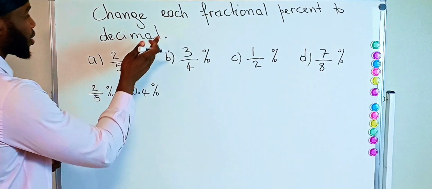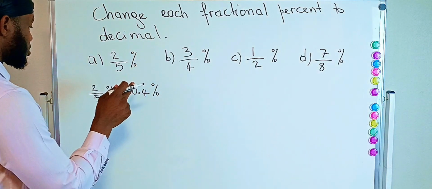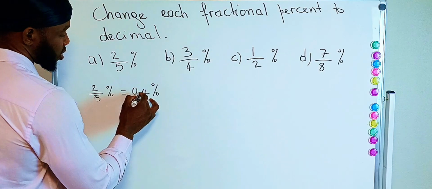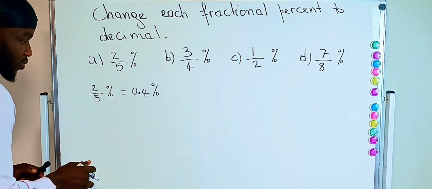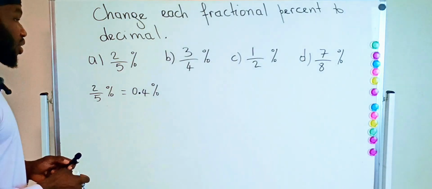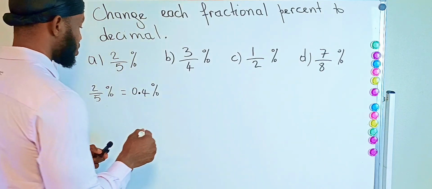Right now, we're not done yet, since they ask us to convert to decimal, not decimal percent. So what we gotta do, we just gotta multiply or divide. Let me know what to do. Okay, you said division, that's it.